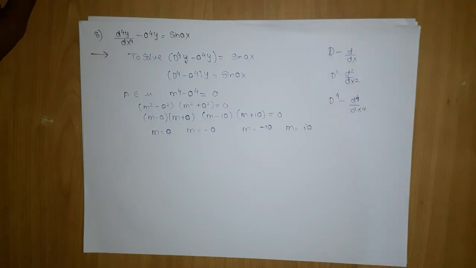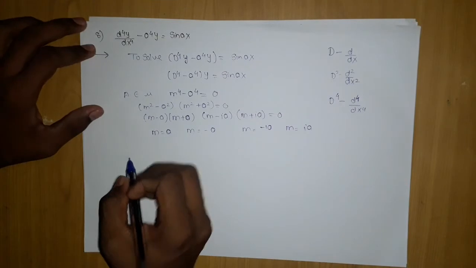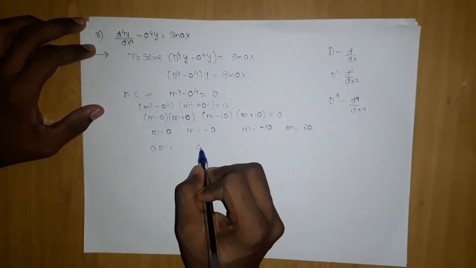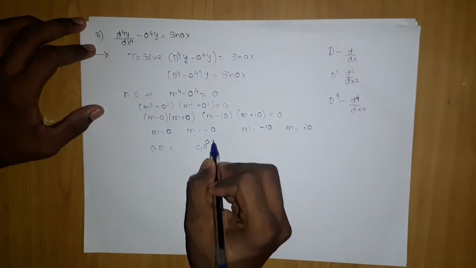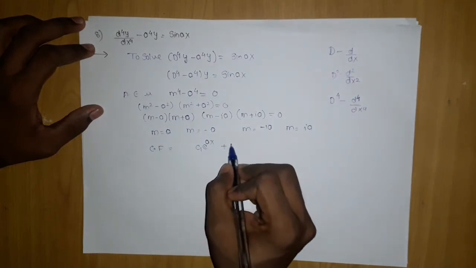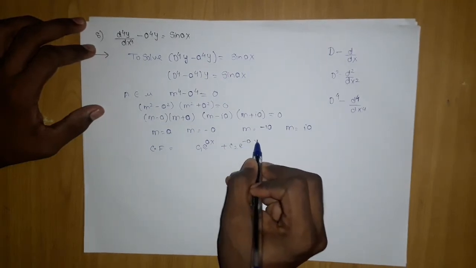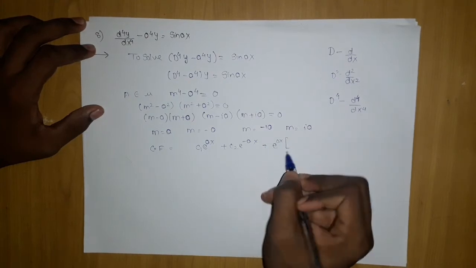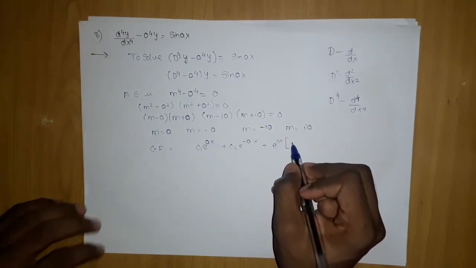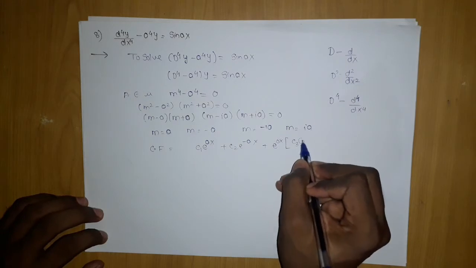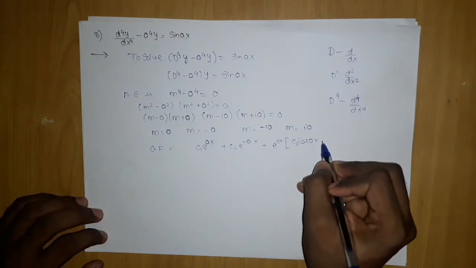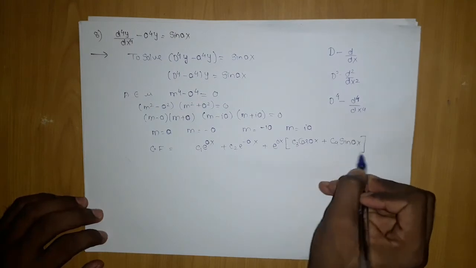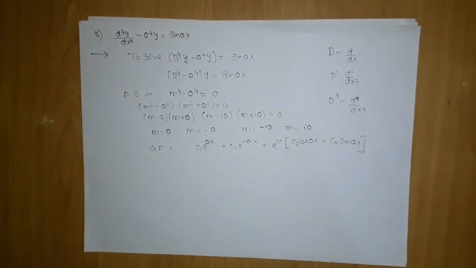After writing this, we write the complementary function, which is c1 e to the power ax plus c2 e to the power minus ax plus, here the real part is 0, so e to the power 0x, bracket close, c3 cos ax plus c4 sin ax. This brings us to the end of the complementary function part.